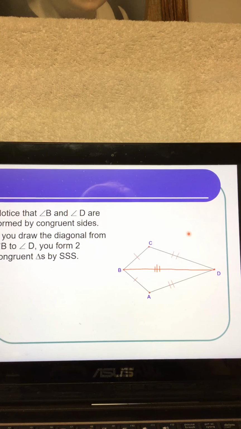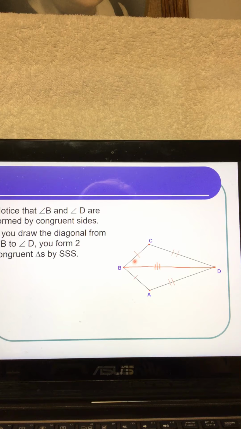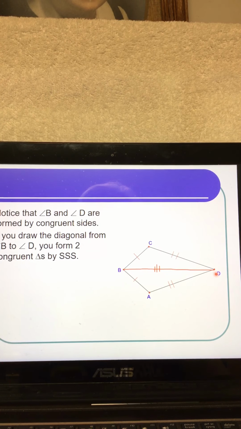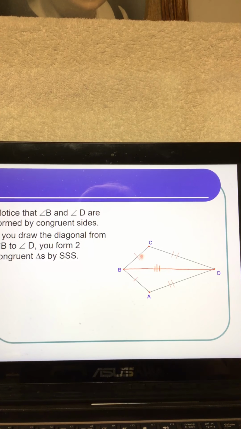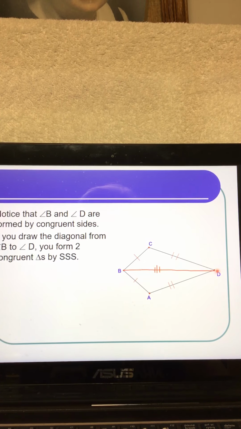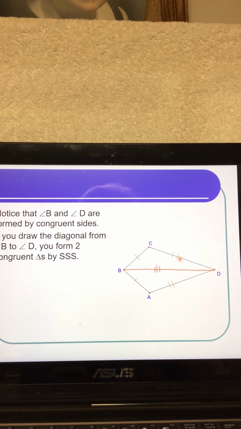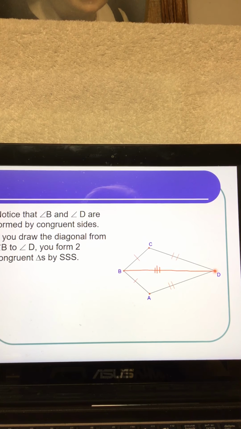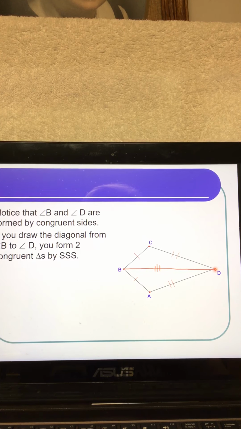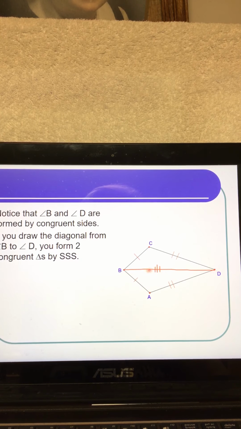It says, notice that angle B and angle D are formed by congruent sides. So B is formed by the two sides with the one hash. D is formed by the two sides with the double dash. Now I want to concentrate on this diagonal, and you need to draw this illustration in your notes just like I am.